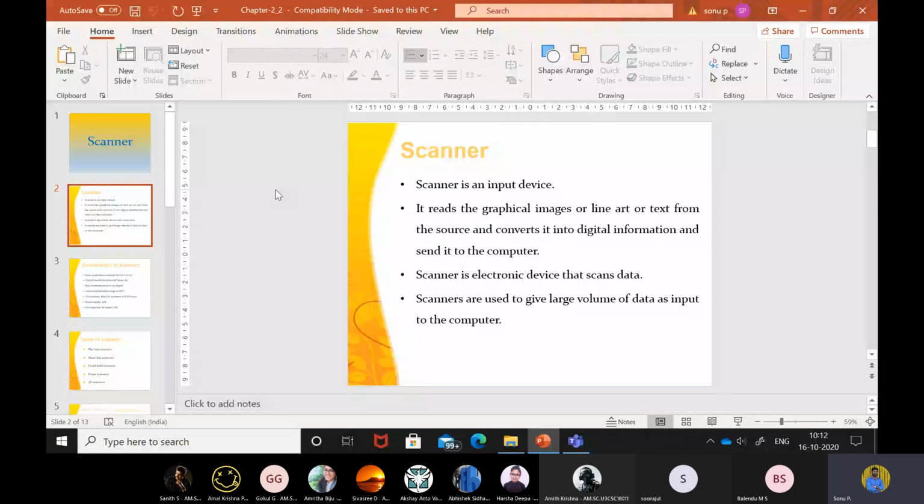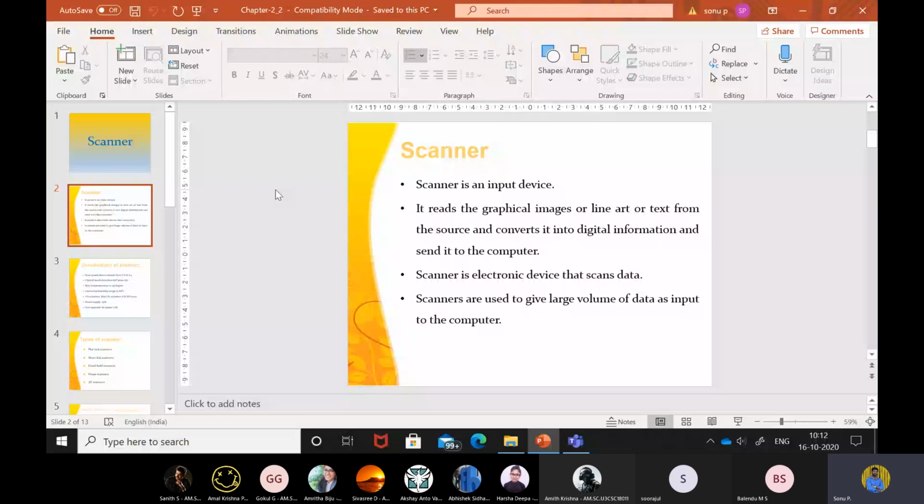Like that, all input devices or any other devices have had a lot of technology improvements, and now we have a lot of provision to work with them without knowing the entire procedure. All of these have become very user friendly in nature. That is the common thing when we talk about scanners also.